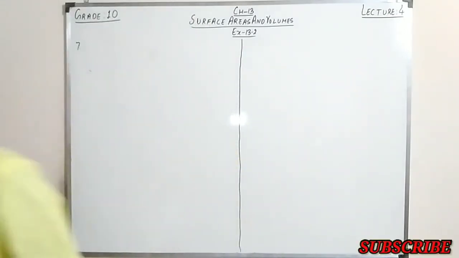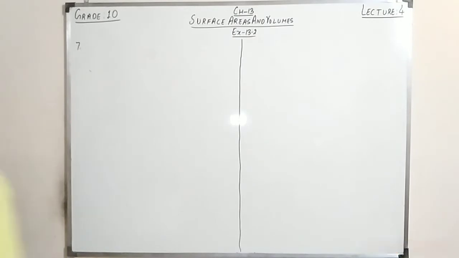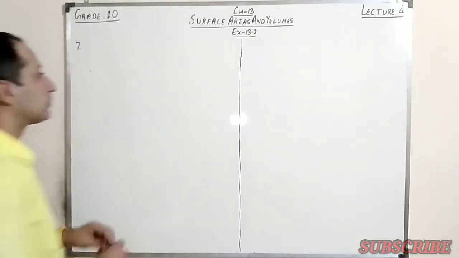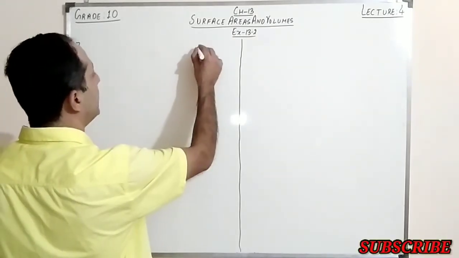Let's draw the diagram first for this. So we have a cylinder here.